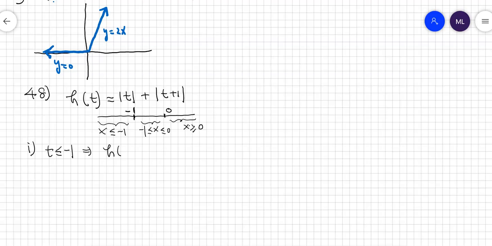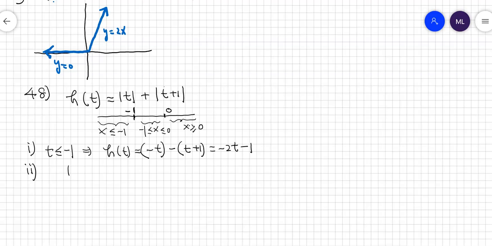Then h of t is negative t, and then this becomes negative, so negative t plus 1, which is negative 2t minus 1.